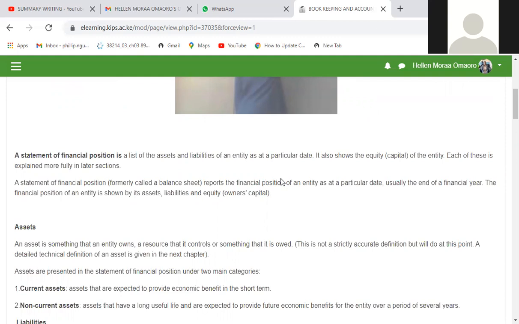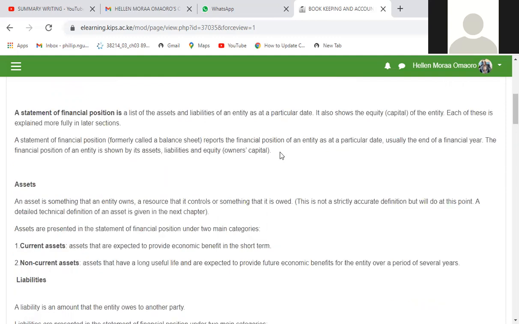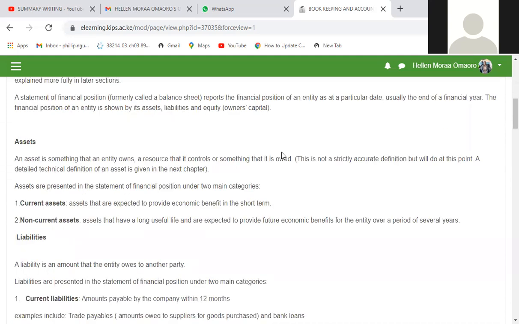So we have only three items in the balance sheet. Only three items: assets, liabilities, and capital. So we have the assets. Before we look at the classifications of assets or the categories, what is an asset?